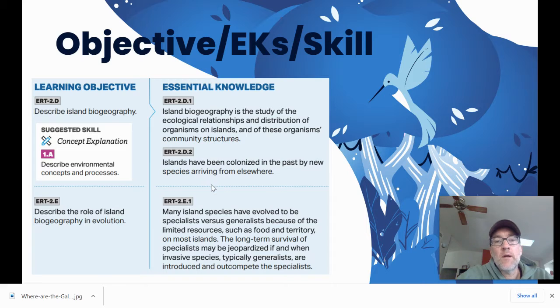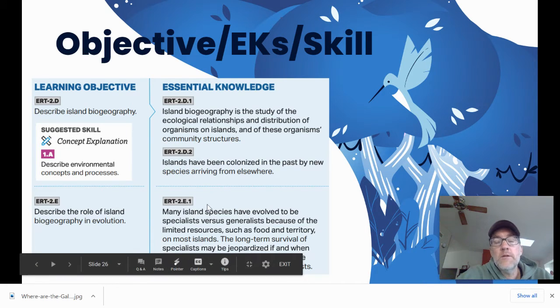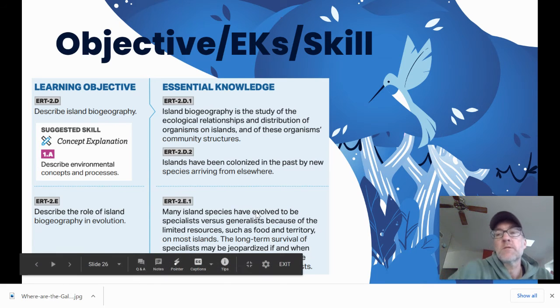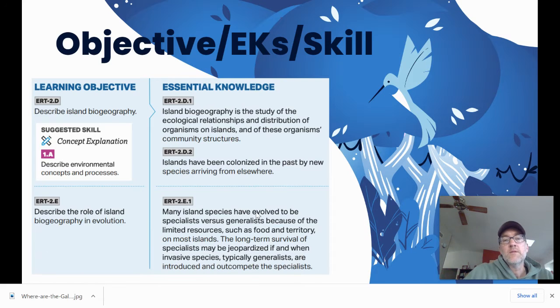We're going to talk about how it affects things like evolution. And down here you can see, really important, is how does this influence biodiversity, and what happens to places like islands when there's a significant disturbance or something like an invasive species.